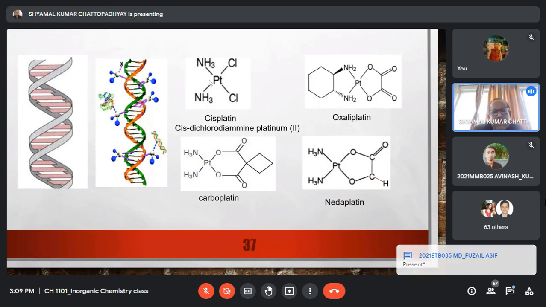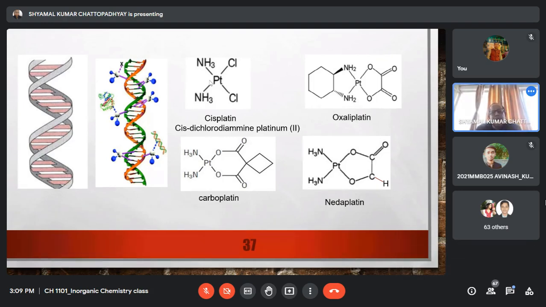As a result, Rosenberg took some bacterial cells called E. coli, Escherichia coli, in a bacterial medium, a culture broth containing certain ammonium chloride and water, and then he applied a small electric field using two platinum electrodes.